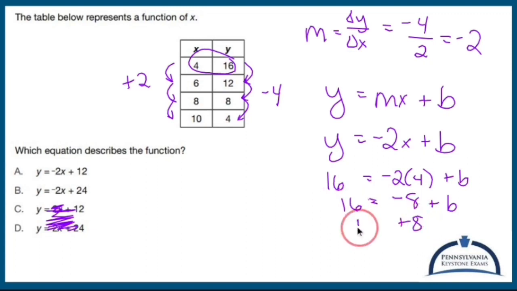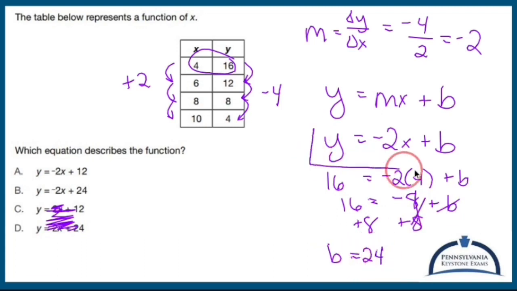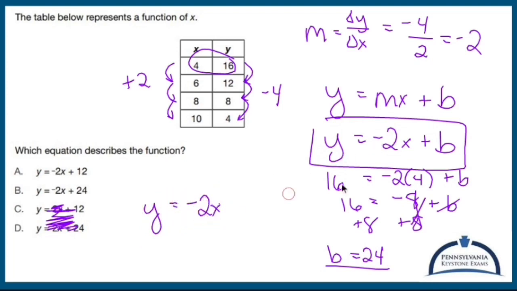Add 8, and b is going to equal 24. So now that I knew y was -2x plus b, and I just found out that b is 24, I can combine them to make y equals -2x plus 24. All those b's, and look at what the answer is. B for baby.